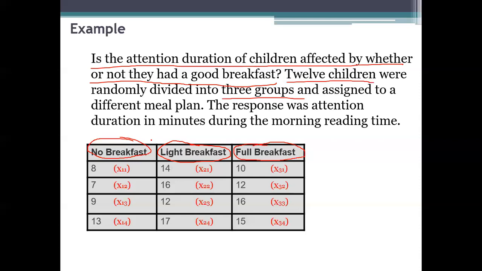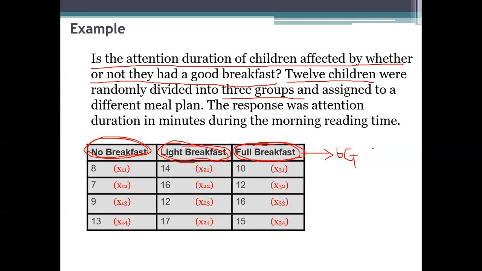In this example, we can see the 3 groups: no breakfast, light breakfast, and full breakfast, isn't it? These 3 groups are what we refer to as the comparison, or test, of variance between groups.